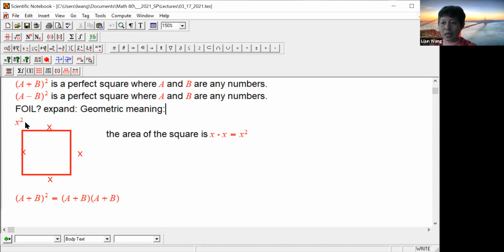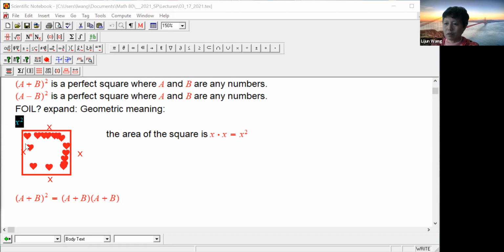So when you do x squared, if x is a positive number, of course, in mathematics x could be a negative number, it really means this square. And the total material to cover this square is called the area.